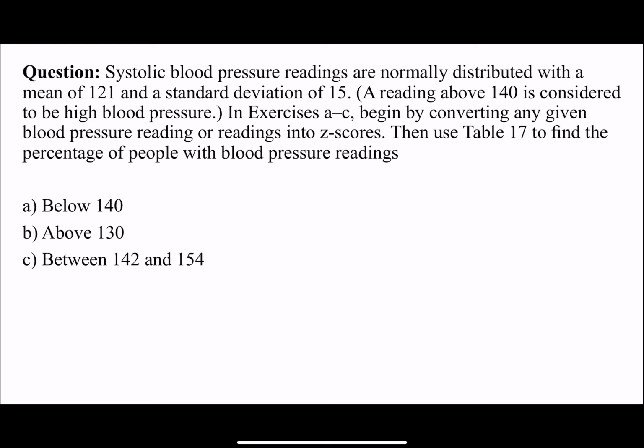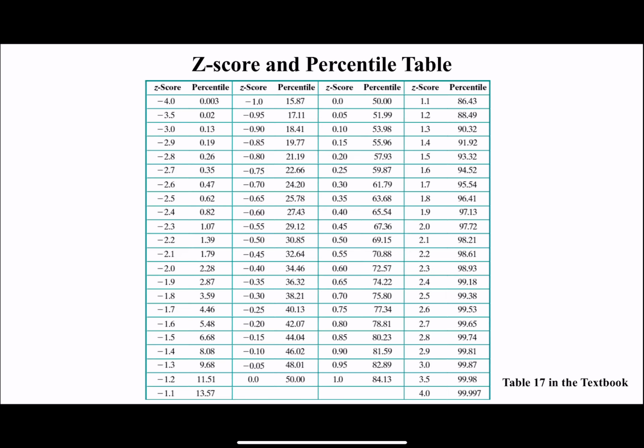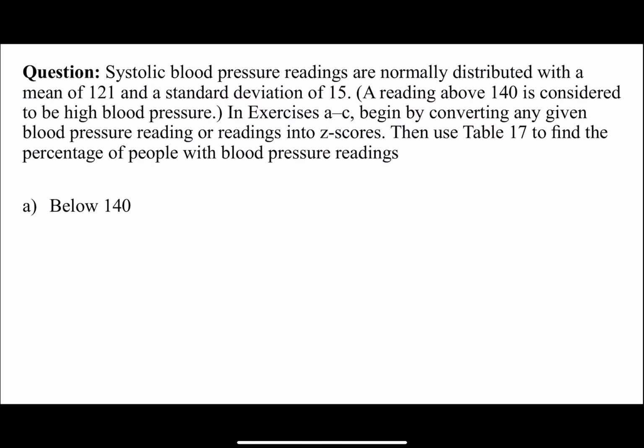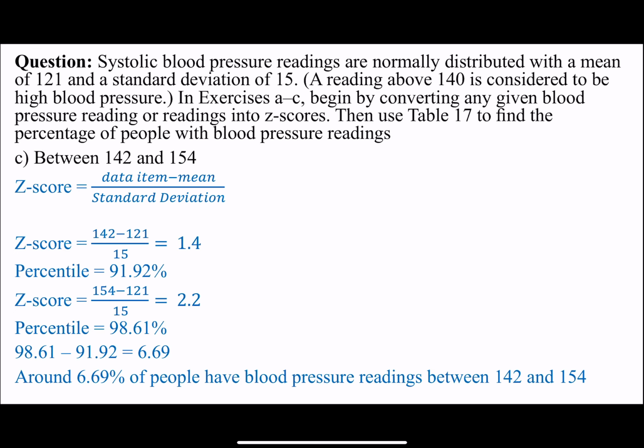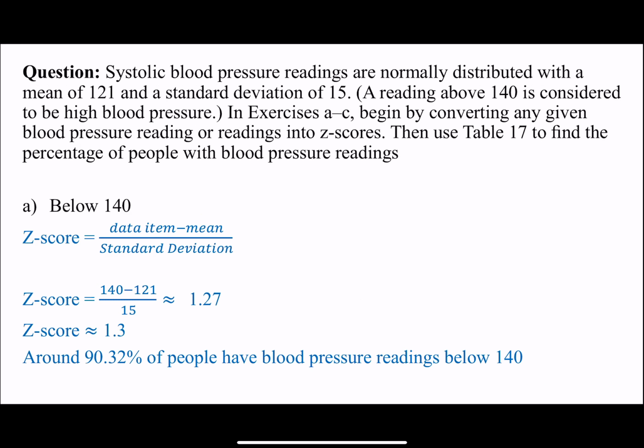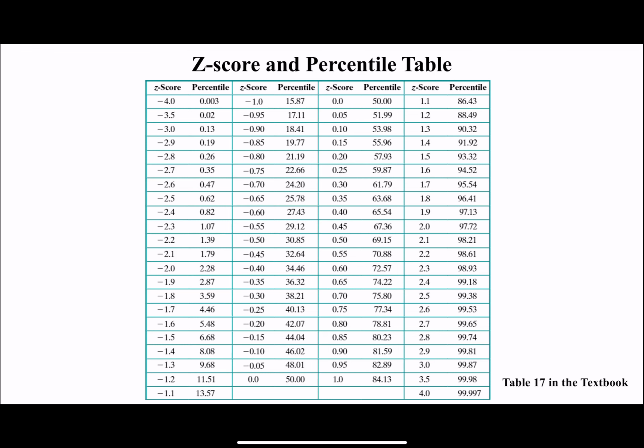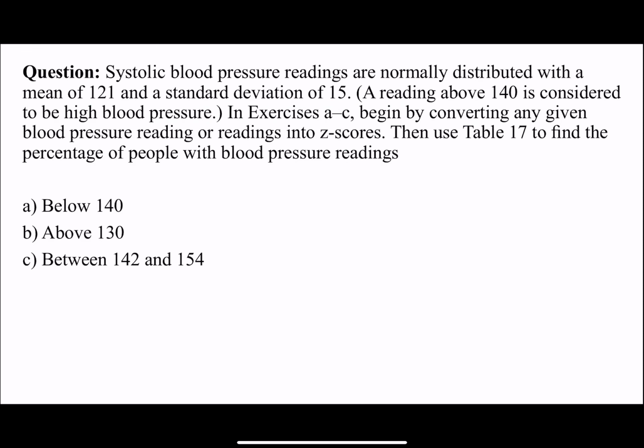So I leave this question for you. Solve it yourself, and then you can compare. Here is the table given to you to find the percentile, and then you can compare your results with the answers provided. But before looking at the answers, please answer this question yourself.